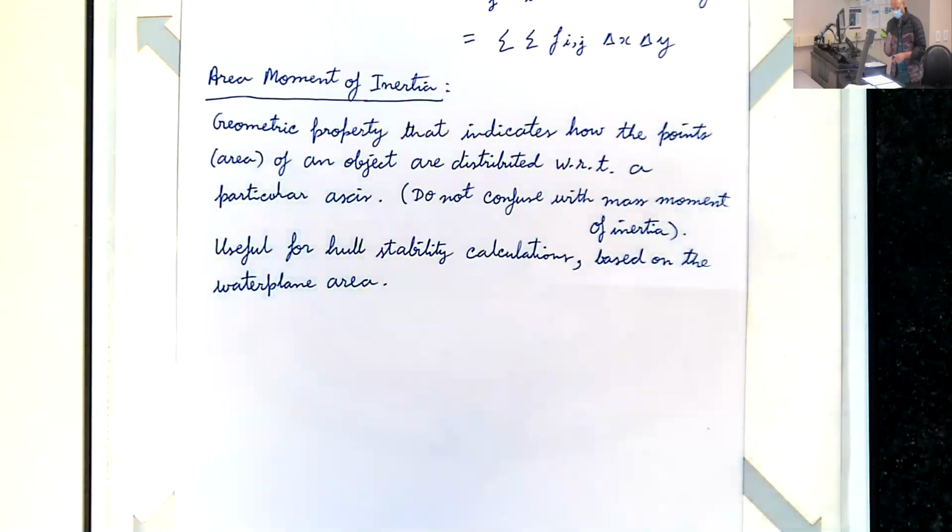Notice here, it says distributed with respect to a particular axis. Now you can look at my webcam and let's talk about this stapler. Let's say I'm spinning the stapler about the long axis, so it's spinning like this. If it hits somebody standing nearby, no big deal, right?